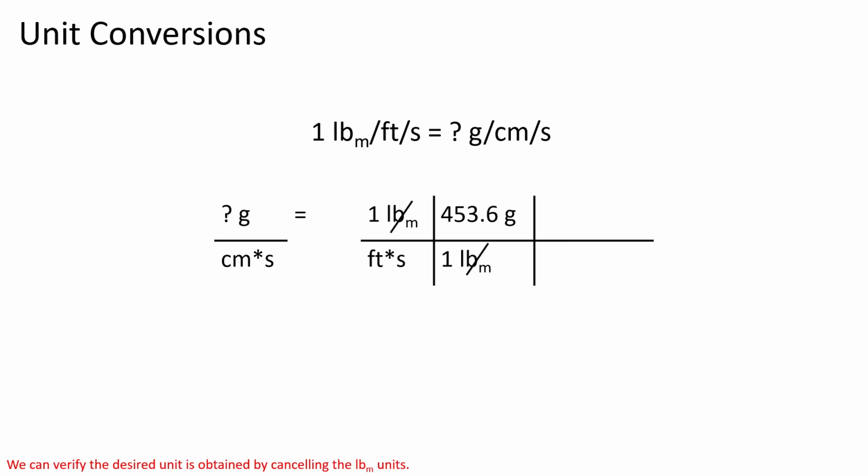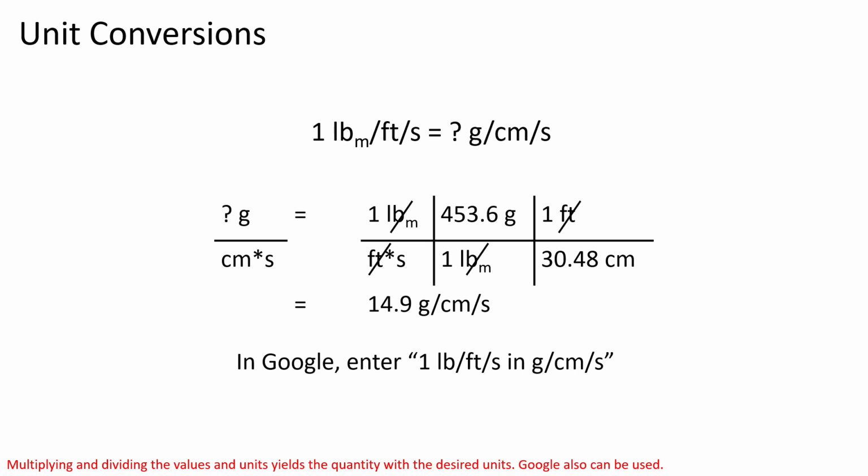We can verify the desired unit is obtained by canceling the pounds mass unit. The second conversion factor is to convert feet to centimeters. Multiplying and dividing the values and units yields the quantity with the desired units. Google also can be used.